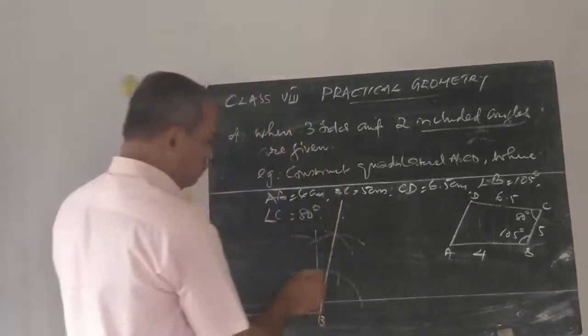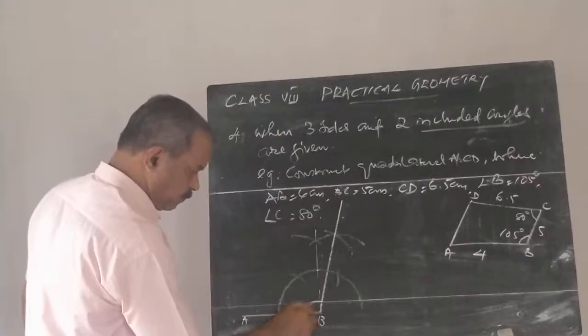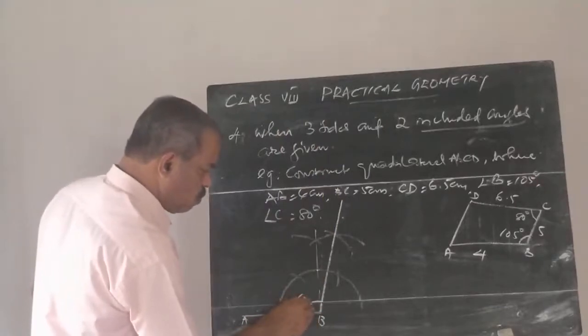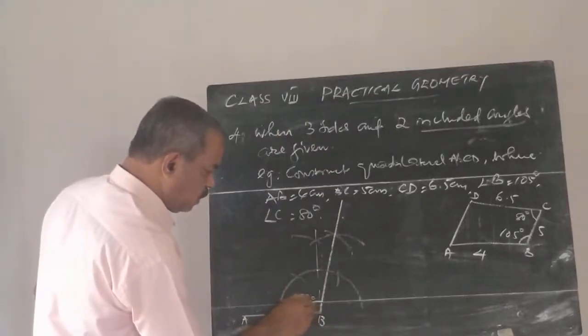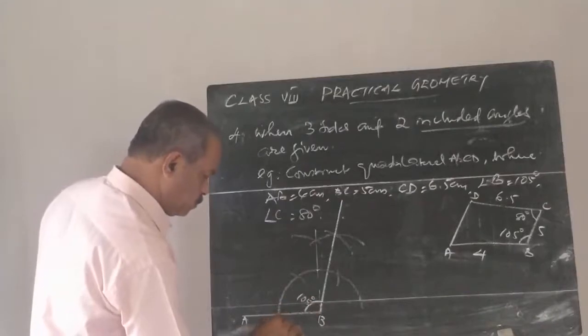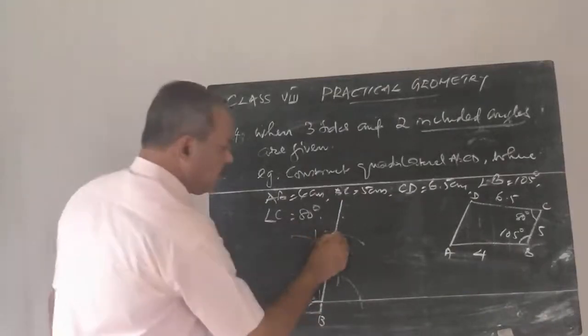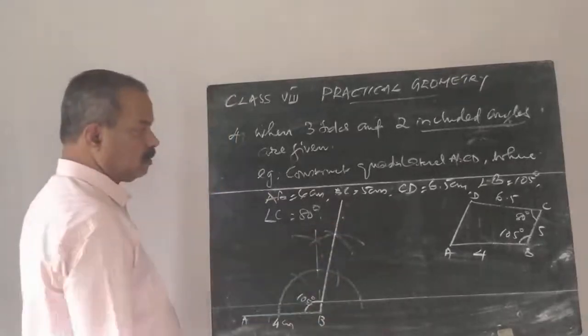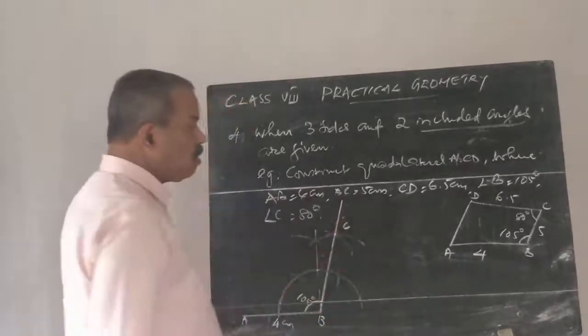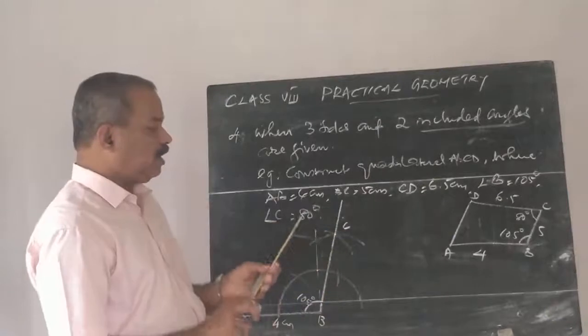So what is the measure of this angle? Yes, this measure is 105 degrees, AB 4 centimeter. Which is this point? This point is C. From C we require 80 degrees.